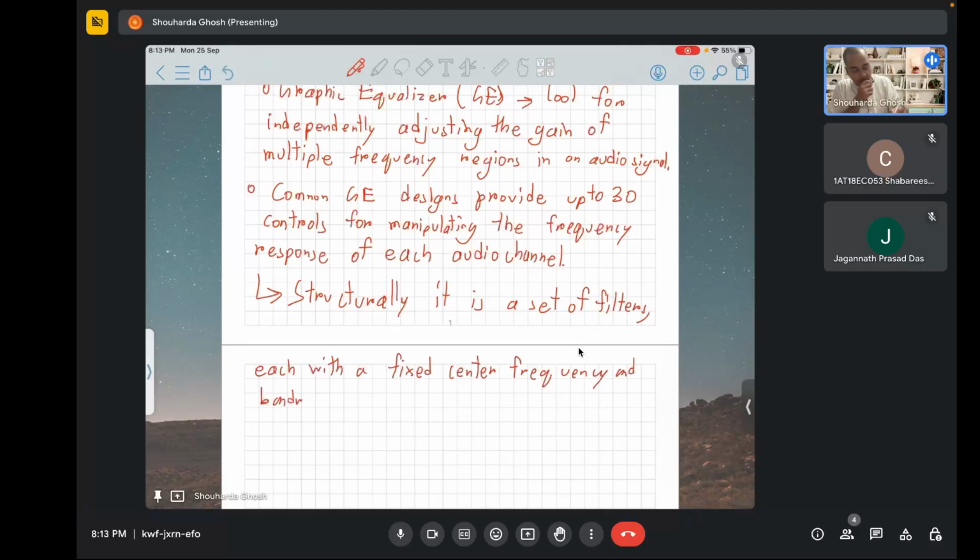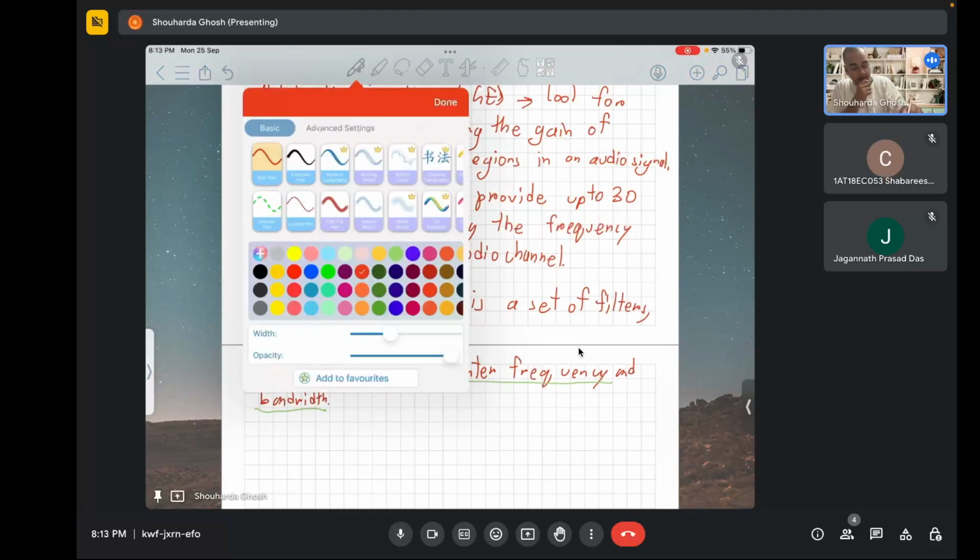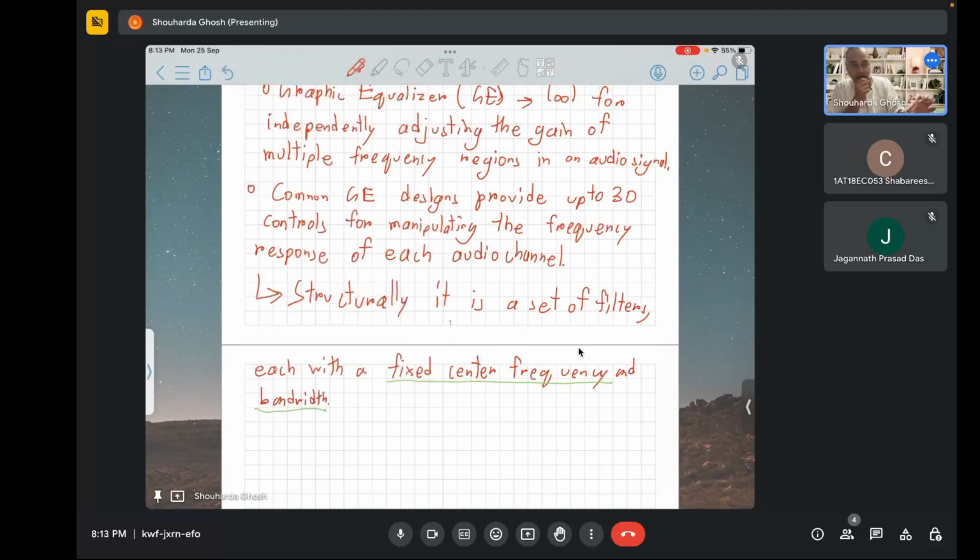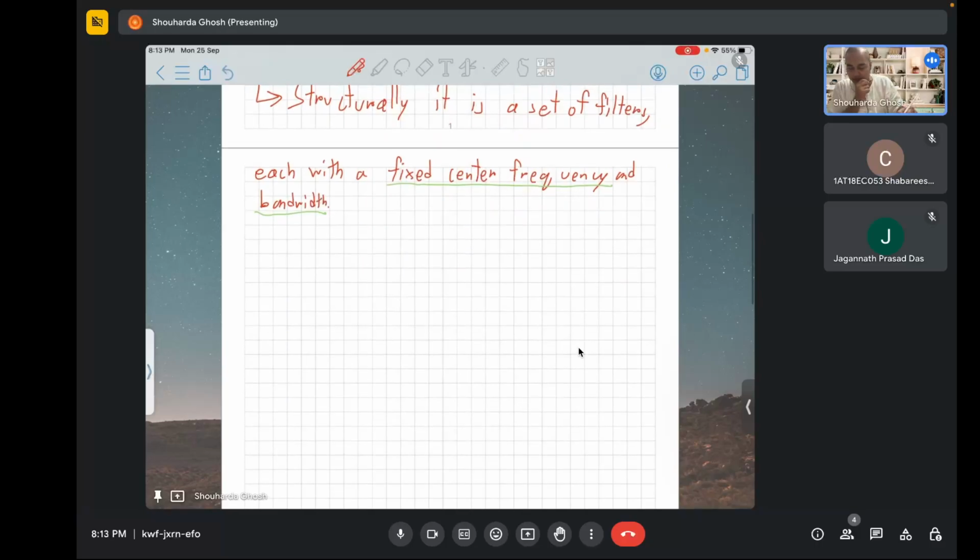Note this very carefully: the center frequency and bandwidth of all the filters are fixed. It's very important. The frequencies cannot be changed. It's not an adaptive filter, it's a fixed frequency response filter. So what is variable?